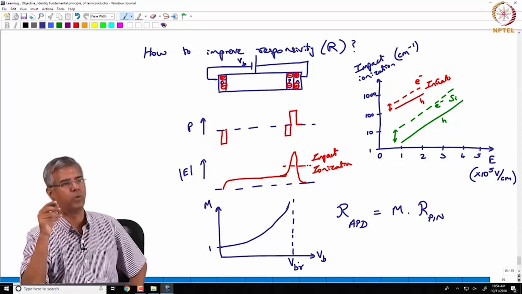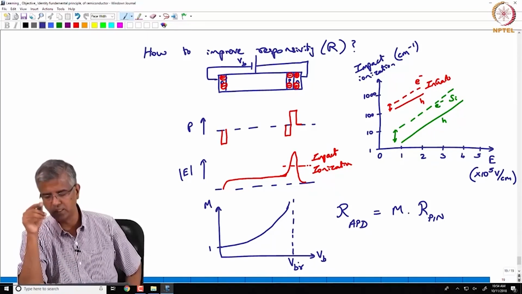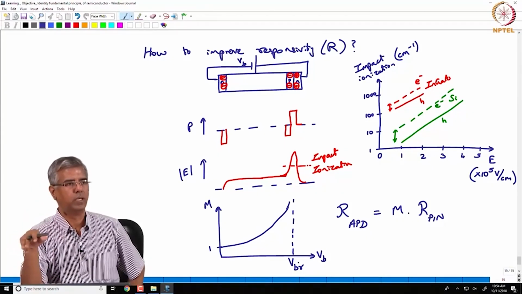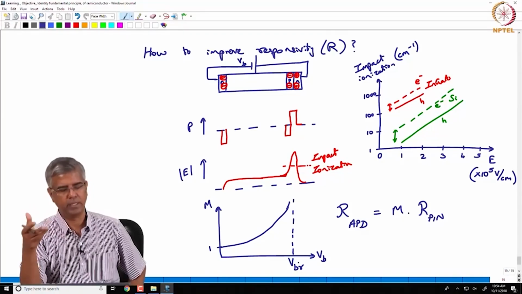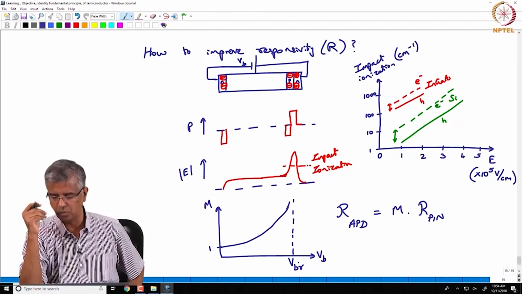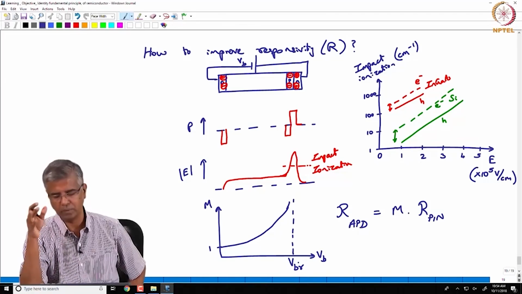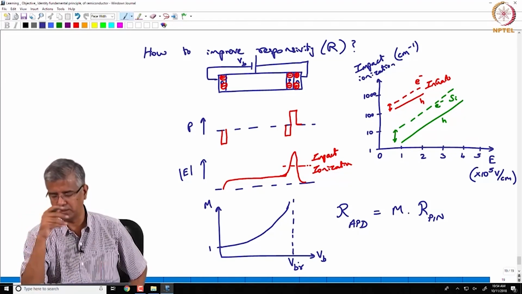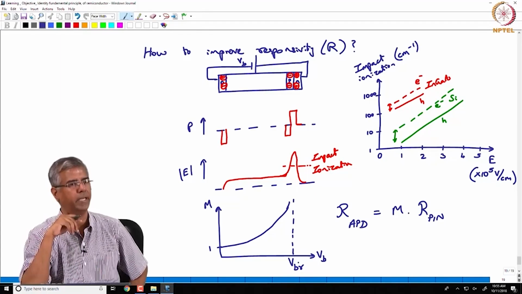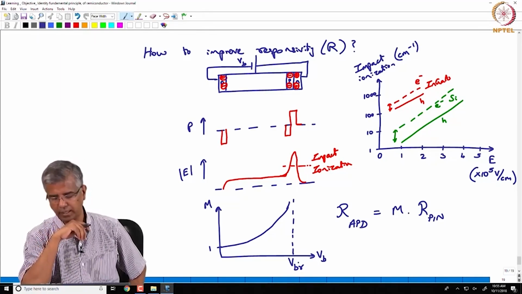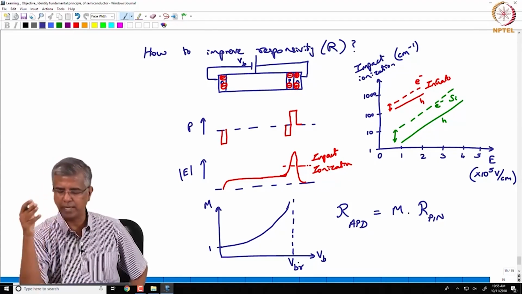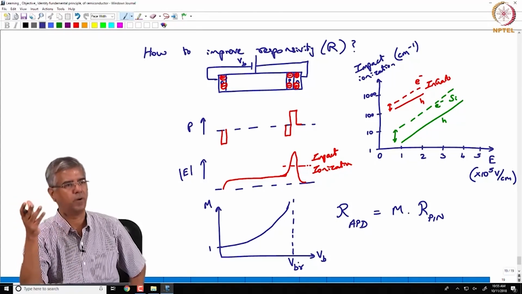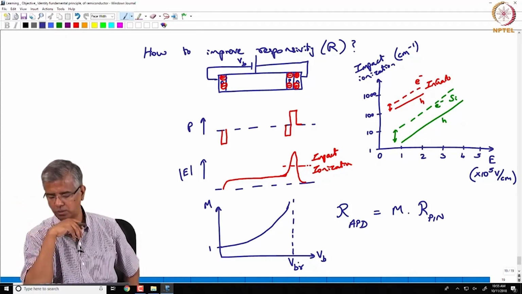So, beyond a certain voltage, that junction itself will punch through and break down, and then you won't be able to use that device anymore. But almost until then you can get gain, right, and gains of 10 or 100 are possible through this process.